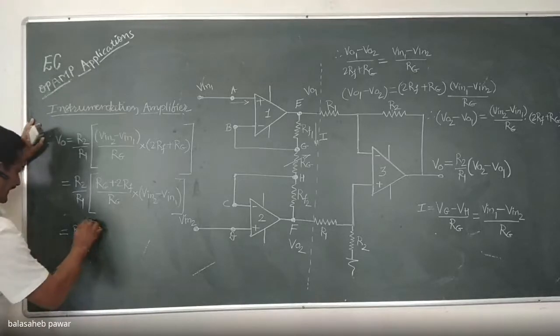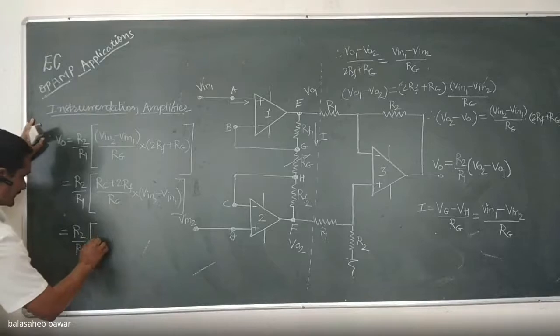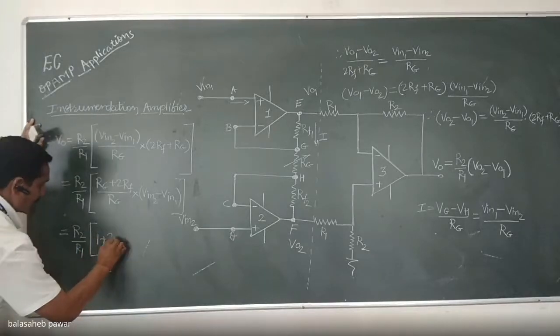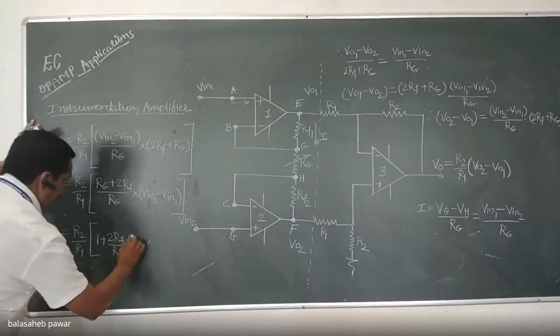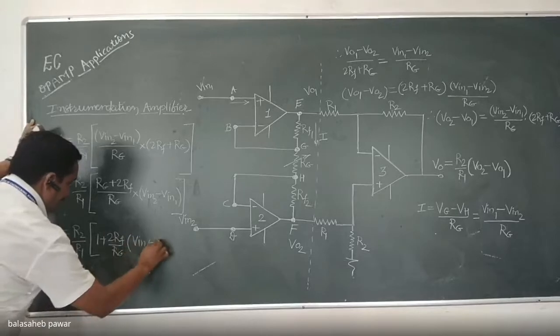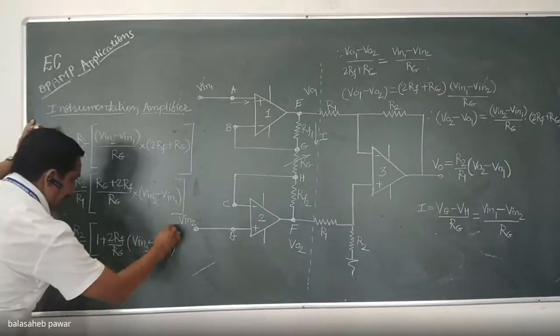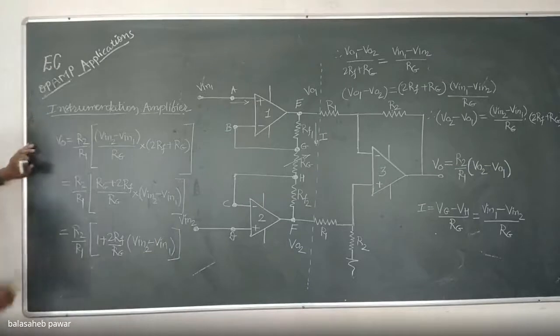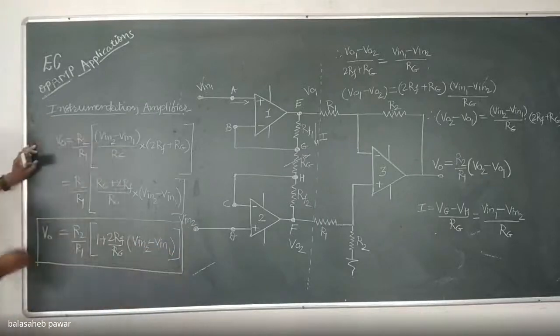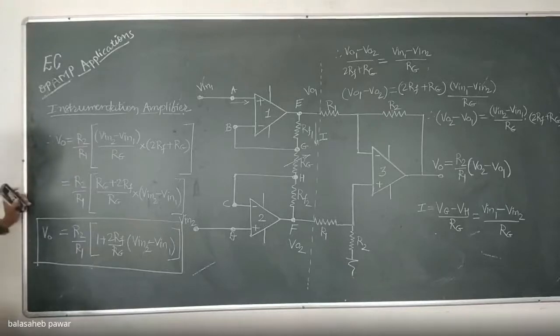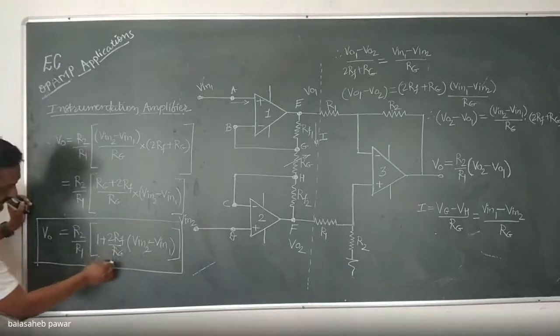So again we can write it like this. I will keep that R2 by R1 as it is, in bracket 1 plus twice of RF by RG into Vin2 minus Vin1. So this is the final equation for the output voltage of this instrumentation amplifier.